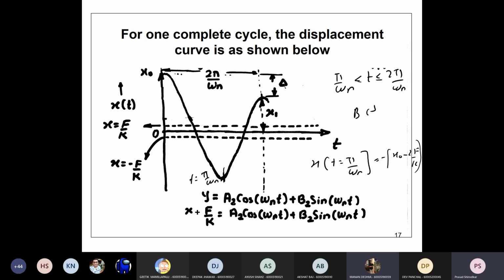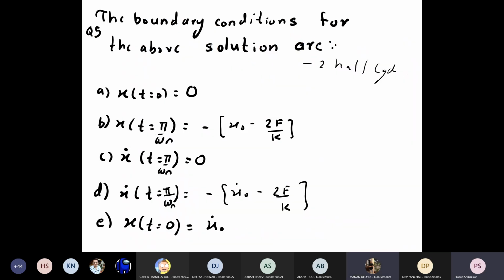And what is the second boundary condition? Velocity will be 0. Velocity, x dot, at t equal to pi by omega n is equal to 0. So that is the second boundary condition. Choose the appropriate boundary conditions from these 5 options, and you can submit the quiz at the end of the lecture.